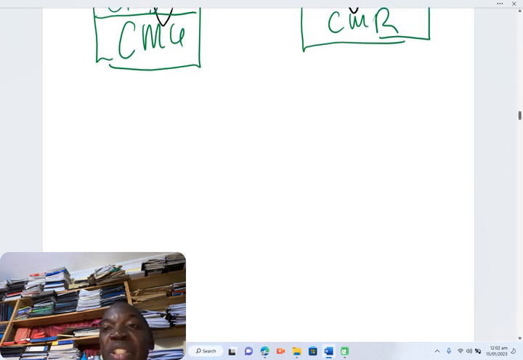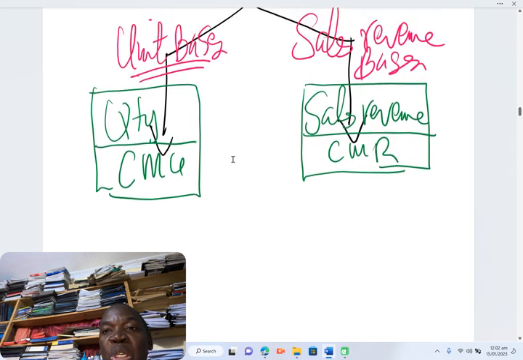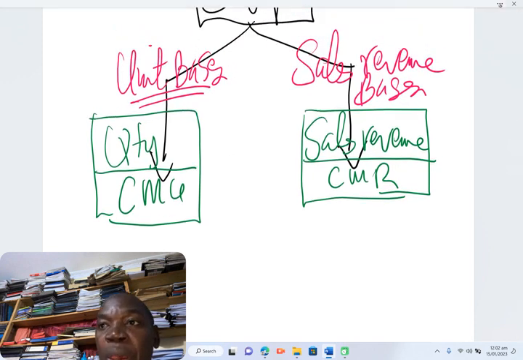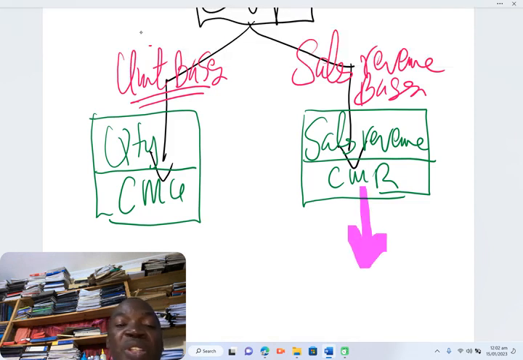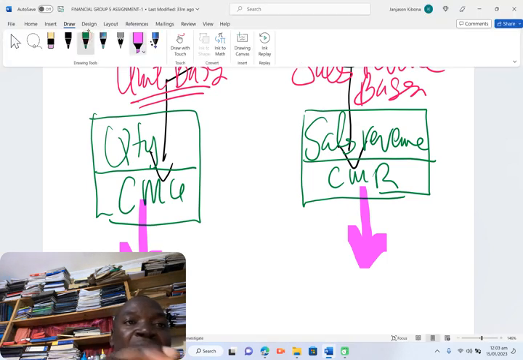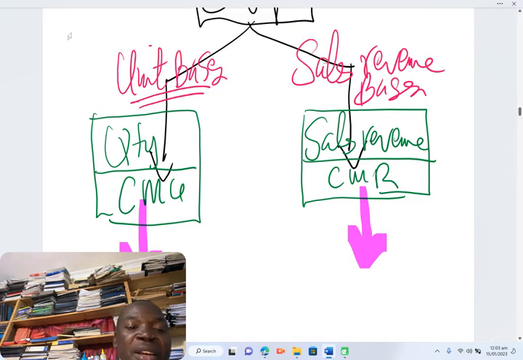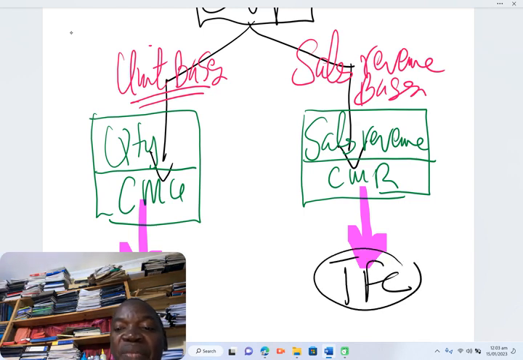In general, we have fixed cost here, and also fixed cost here, and therefore total fixed cost in both.